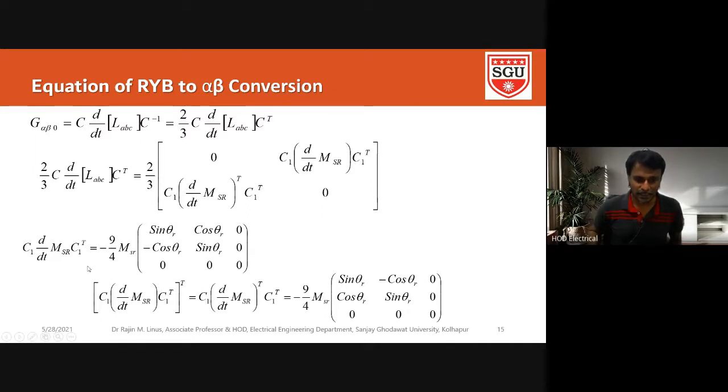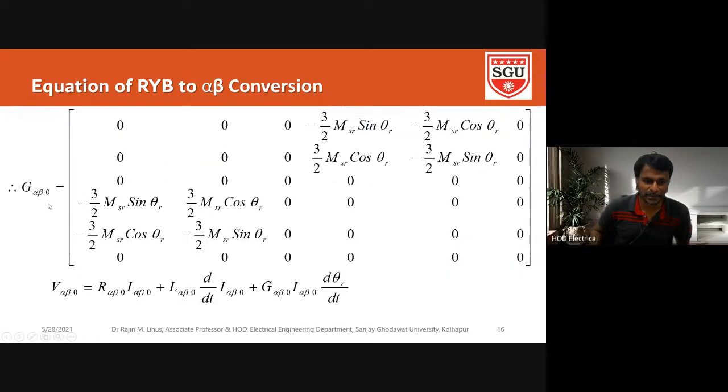Finally we end up with this equation G alpha beta naught. There are no variables in this G matrix for the stator alone or the rotor alone. So the G matrix only contributes between rotor and stator. That is why we can see this transpose matrix here.